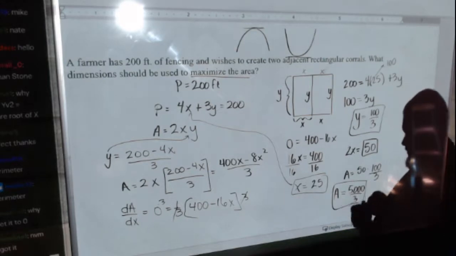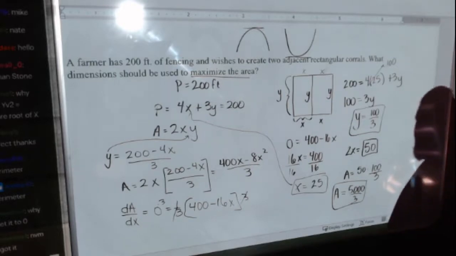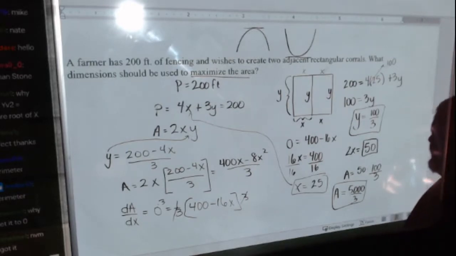So given 200 feet of fencing and requiring that you cut it into 2 rectangular adjacent fenced-in areas, the total area you would get if you maximize that amount of area is 5,000 thirds.